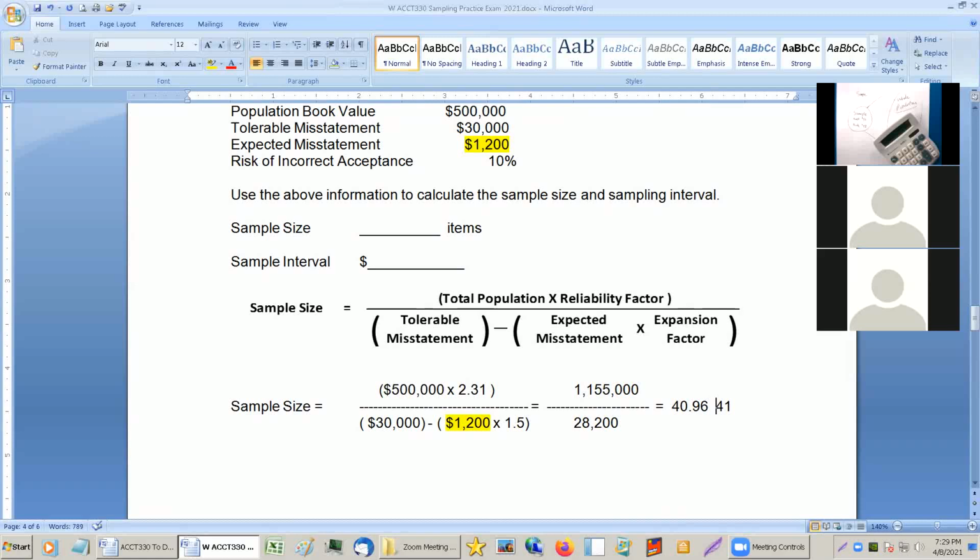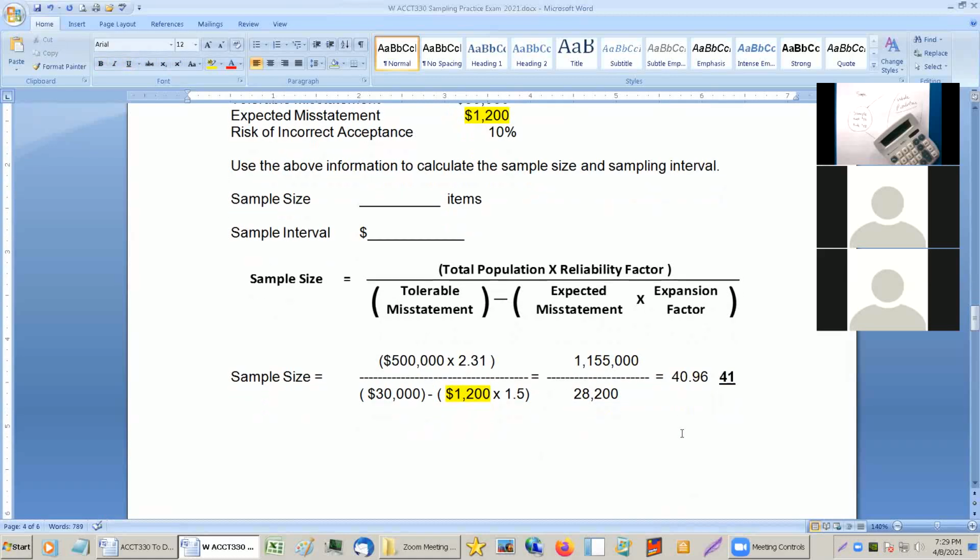And the real formula is that you round it off to the nearest number. I would suggest you always round it up. But the true formula is that you round it to the nearest one.